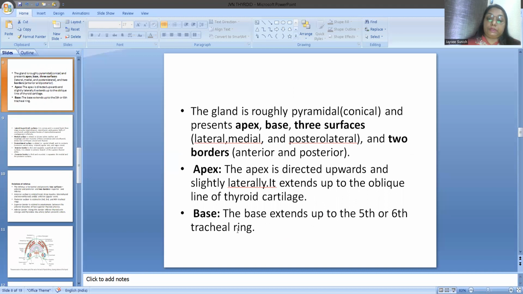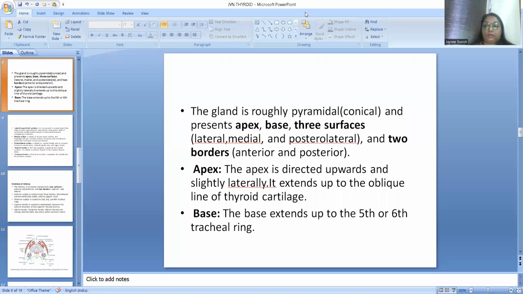The gland is roughly pyramidal and presents an apex, a base, and three surfaces: the lateral, medial, and posterolateral surfaces, and two borders, the anterior and posterior. The apex is directed upward and slightly laterally.